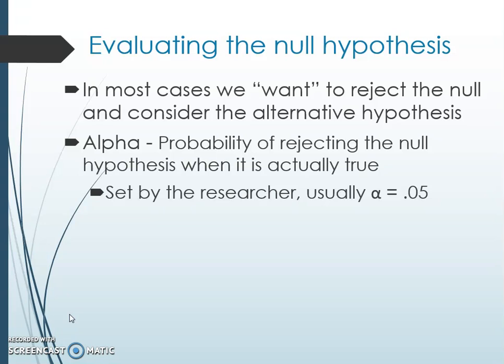Now, as a researcher, one of the things that you need to do prior to your study is to establish an alpha level. Alpha is defined as the probability of rejecting a null hypothesis when it is actually true. So in other words, you would say that the null hypothesis, I don't believe is true, but in the real world it actually is true.